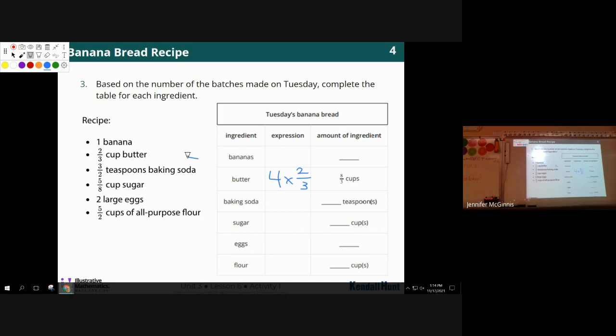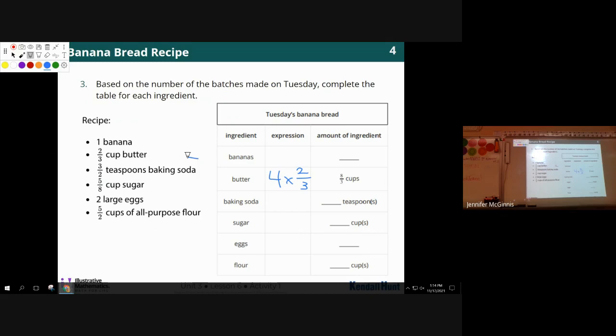Where does the 4 come from? Who can tell me where the 4 comes from?